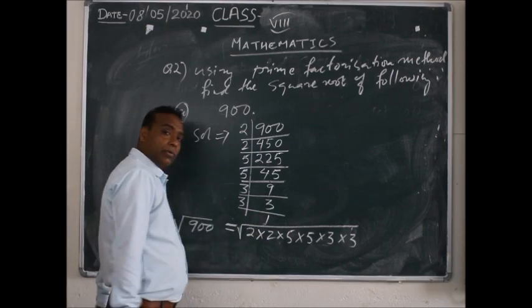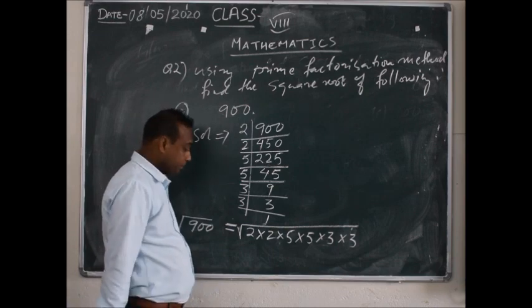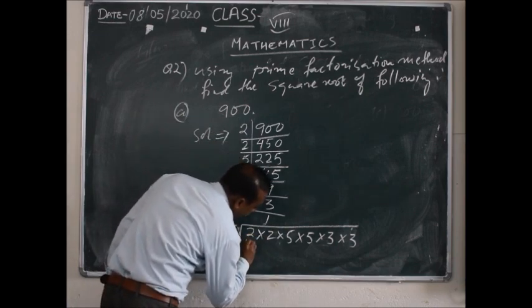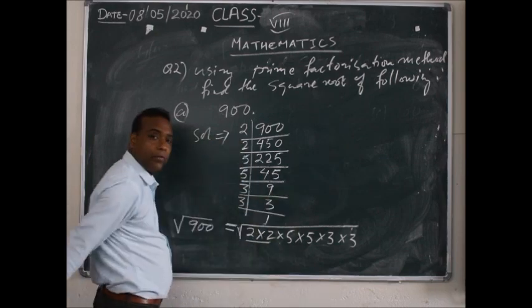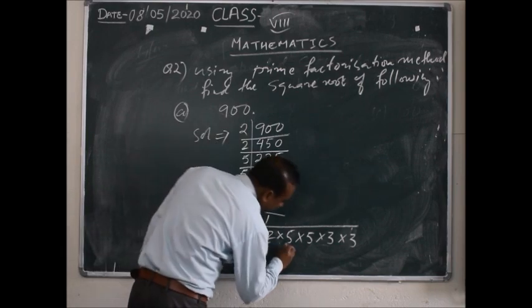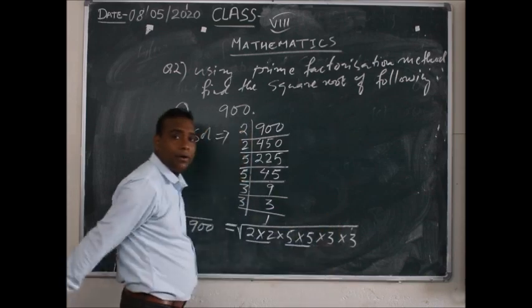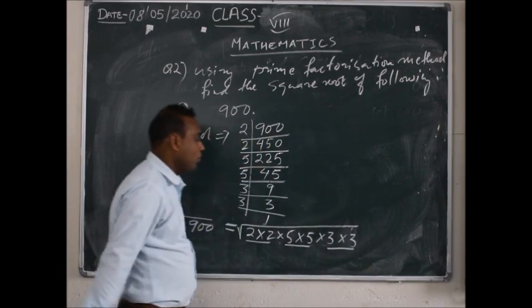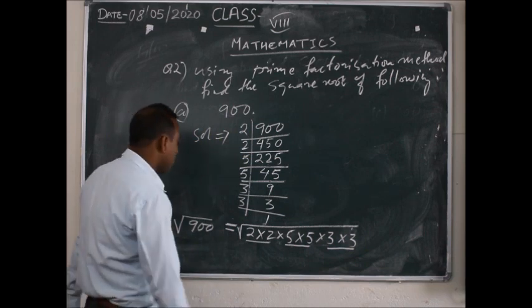Now the numbers we got here, you have to make pairs, like the pair of these two 2s. Again the 5s are in a pair, and the 3s are in a pair. So we have to make pairs.